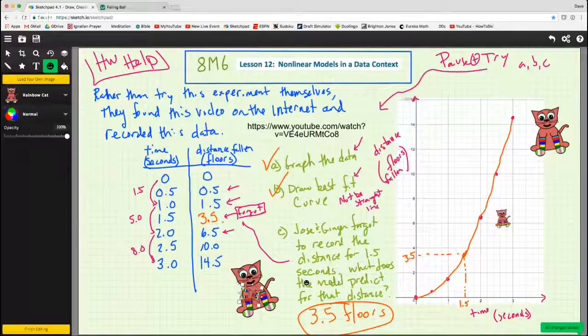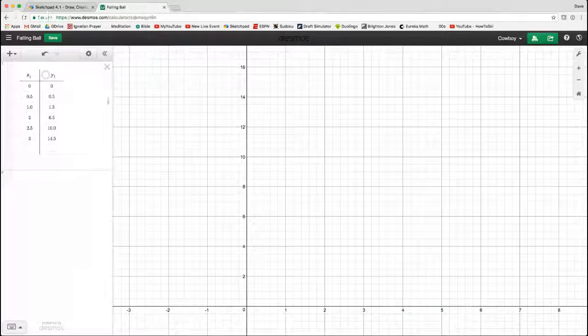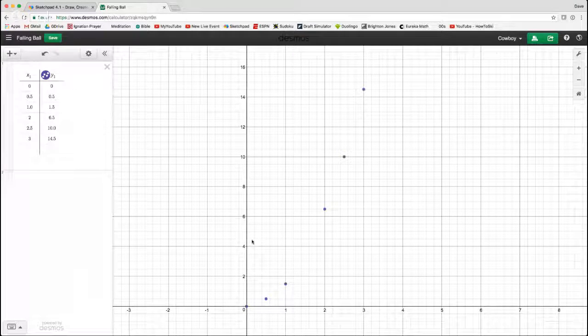Now what I'm going to do is go over to the tool, desmos.com, where we can actually graph it. Now I have put up the data that I gave you, and we can graph that here. And so we can see this line here. Now to draw the best fit line, I know something that you don't know, because I've had physics and some advanced math. So I know that this is kind of an x squared kind of line.